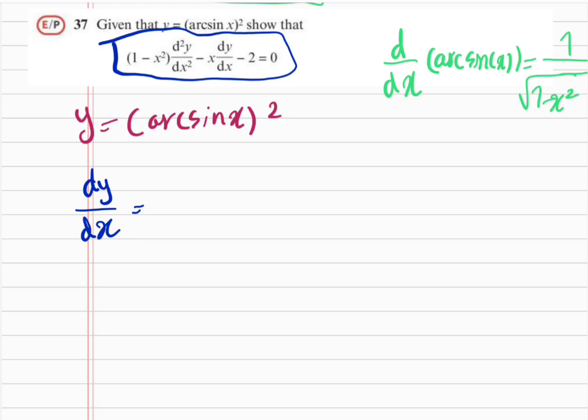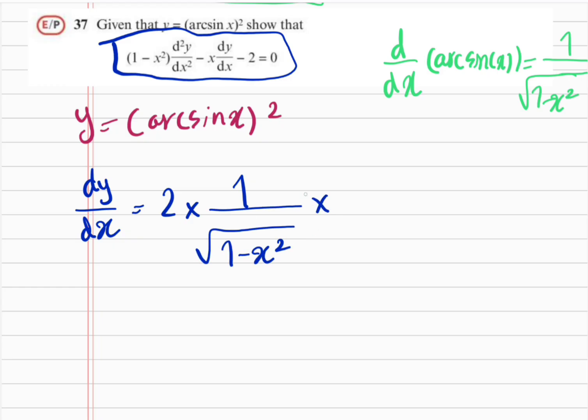Okay, now in that case, this differentiation needs us to use the chain rule as well. From the chain rule, the power comes down, and then that times the derivative of the inside. So arc sine x, as I mentioned earlier, differentiates to 1 over square root of 1 minus x squared.